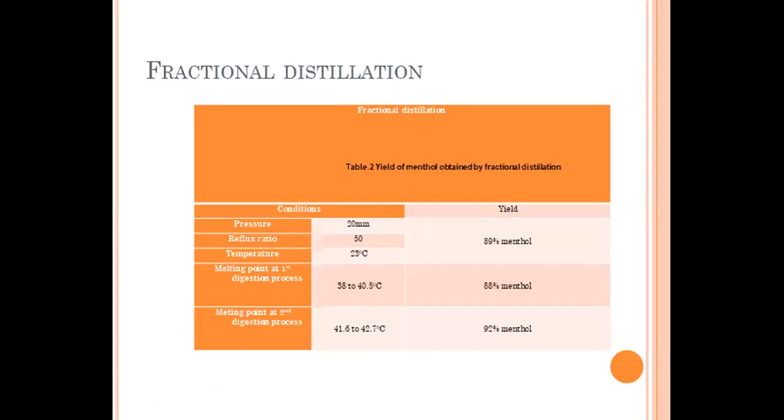Pressure about 20 mm, reflux ratio 50, and temperature about 23 degrees Celsius. Under these conditions, you will get 89% menthol. If you raise the temperature to about 40 to 50 degrees Celsius, you get 88% menthol, and at about 41.6 to 42.7, you'll get 92% menthol. So this is how you are supposed to do fractional distillation of extracted menthol.